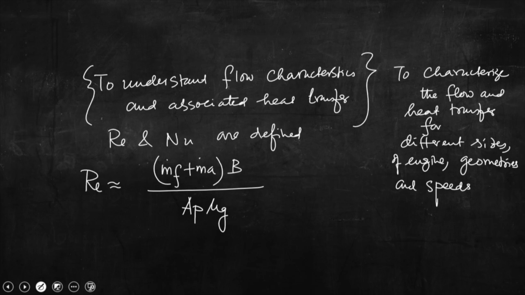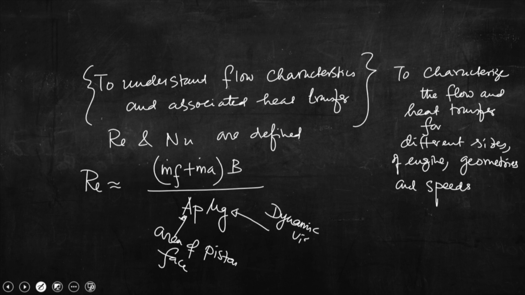This is the area of the piston face, and this is the dynamic viscosity of the gas inside the cylinder, right, and this is the bore. So, this is the Reynolds number.